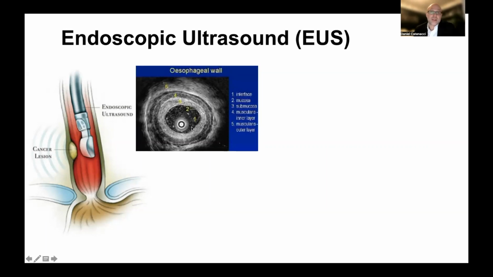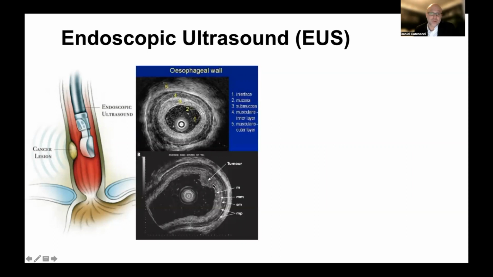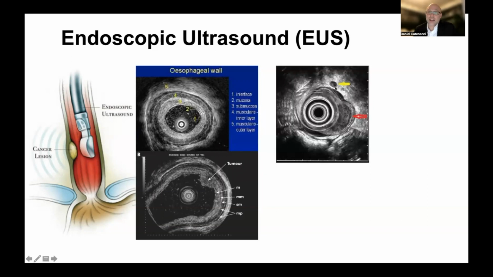And so the mass of the tumor can be evaluated to see how far and how deep through the wall this mass is invading. In addition to that, as I mentioned, the endoscopist can evaluate regional lymph nodes. So if this is inside the esophagus, these are the different layers, and then this is outside of the wall of the esophagus in the fatty tissue, and there's an abnormality in the lymph node, they can quantify how many abnormal lymph nodes are nearby.